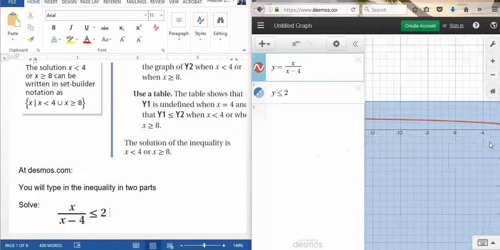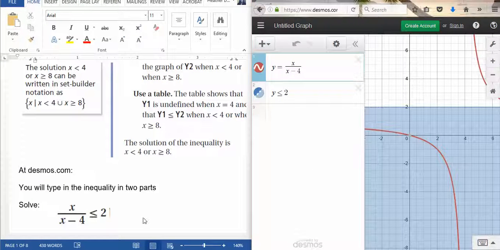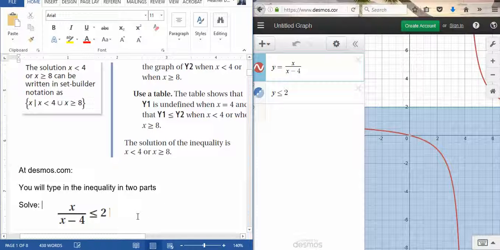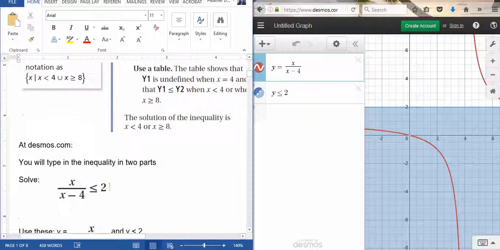So from my graph, it looks like x has to be greater than or equal to 8, and x has to be less than 4. It cannot be equal to 4 because that's an asymptote. And to make it greater than or equal to, I'm just going to underline that.